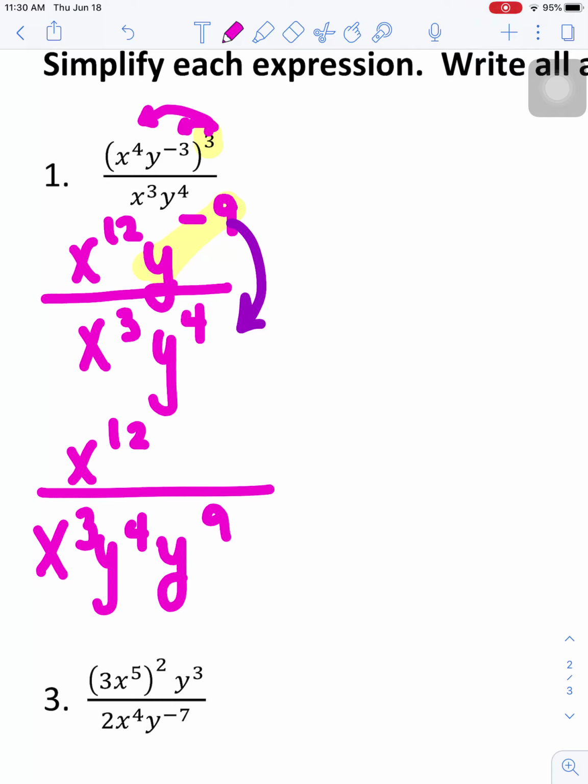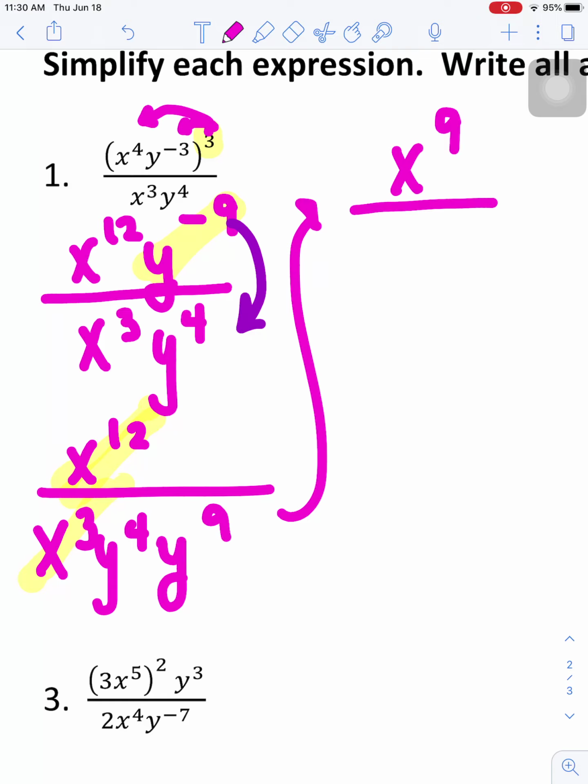All right, now we can go ahead and simplify. So we have an x to the 12th divided by an x to the third. Keep the base, subtract the exponents, so that would be an x to the ninth, and that would stay on the top. Now, the reason you know it's going to stay on the top in the numerator is because notice you had more x's in the numerator than you did in the denominator, right?